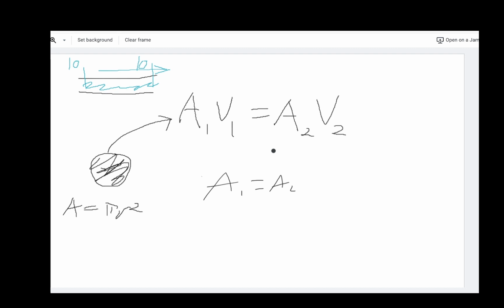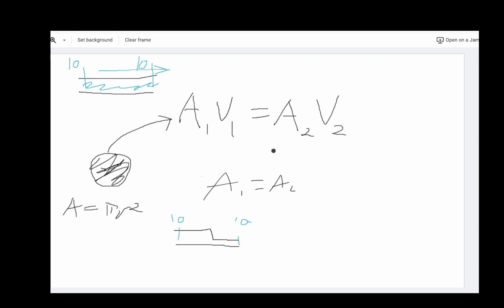Exactly. So let's say the area was decreasing. Now, how this would happen is, let's say the pipe has a certain area, and it becomes really small. So as the area becomes really small, we still need the flow rate to be the same, which means that we still need 10 molecules of water to be moving at this point for 1 second, and we still need 10 molecules of water to be moving at this side for 1 second.